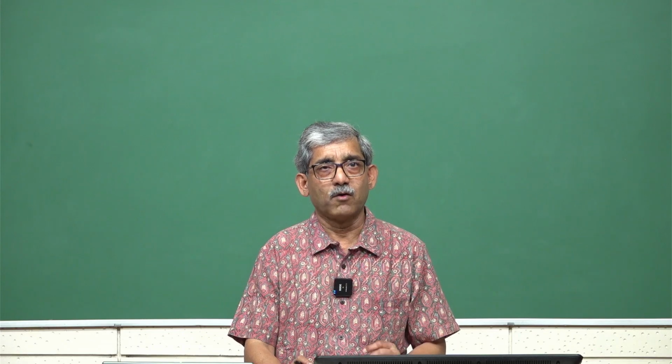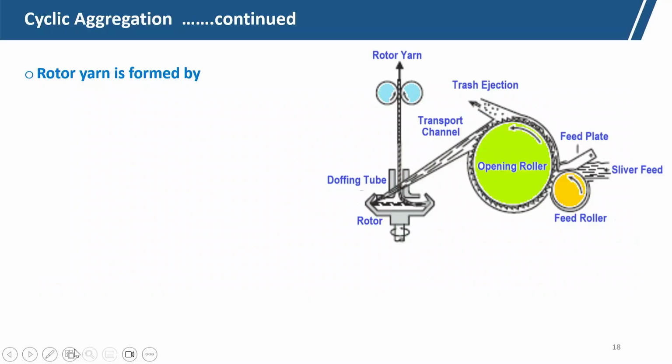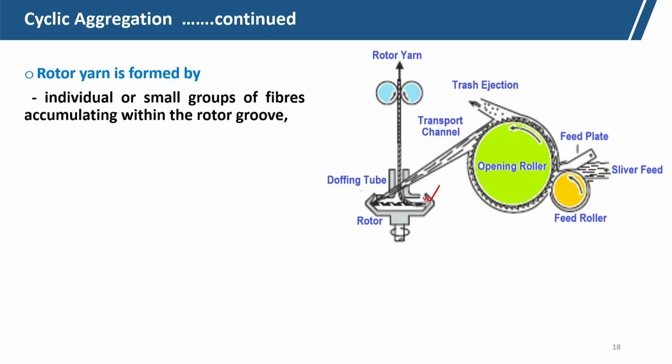So, rotor yarn is formed by the cyclic aggregation, repeated cyclic aggregation in the rotor groove. Individual fibers and small groups of fibers are accumulated within the rotor groove. Mainly, the target is that individual fibers land on the rotor groove one by one, but sometimes more than one fiber also lands at a time.